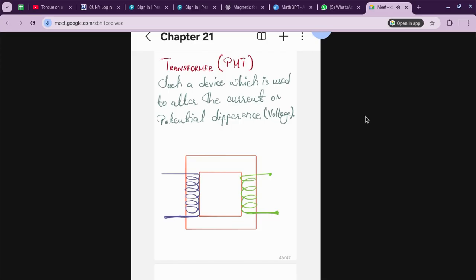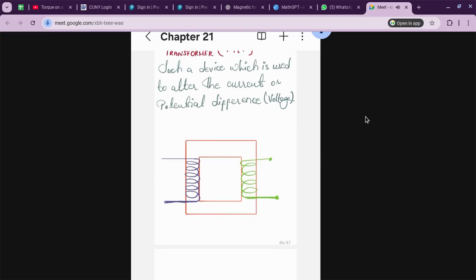Because there are massive losses between the grid station and the PMT. If the grid station provided only 110 volts, at the end of the PMT we would get nothing, or only 10 to 12 volts, because all the voltage is lost over the distance from the grid station to the PMT. So they provide extra voltage to compensate for that loss.